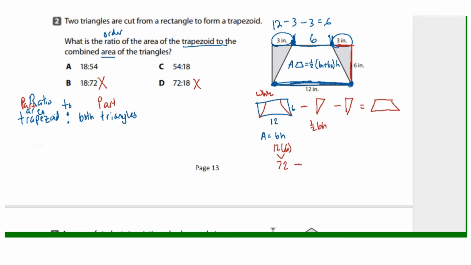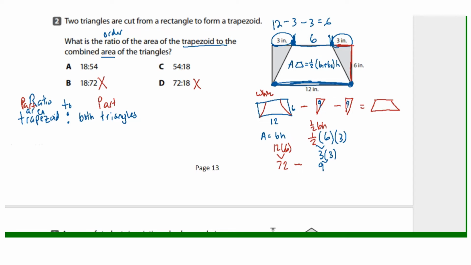So I'm going to substitute and find my area of my triangle. So I have 1/2. I'm going to use 6 for my base because I can take half of 6. I can take half of 3 as well, but it's just easy. I can use mental math. All right, so half of 6 is 3, and 3 times 3 is 9. And if this triangle area is 9, guess what this is?